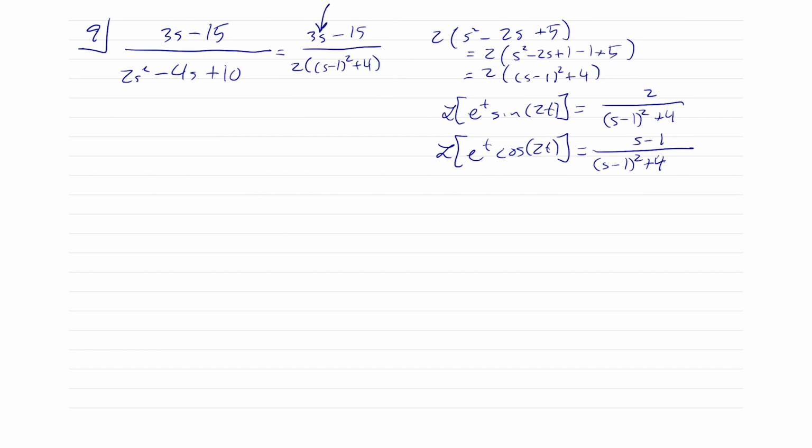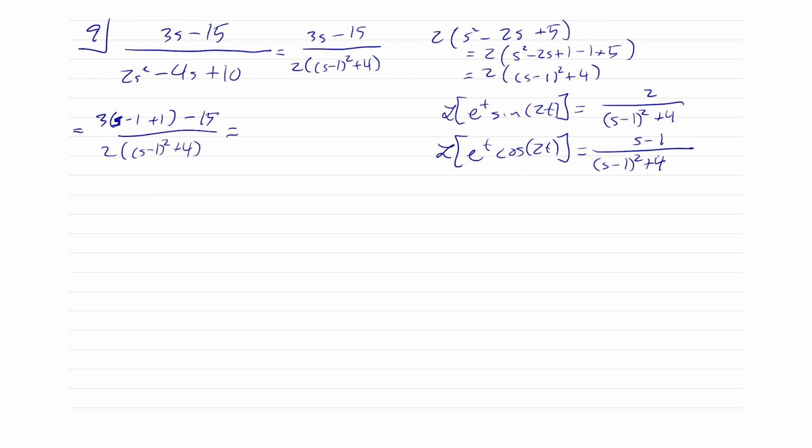So one thing we're going to do here, again, is take the s, and add and subtract 1. So this is equal to 3 times (s minus 1 plus 1), what's that, s, and then we have this minus 15, divided by 2 times (s minus 1) squared plus 4.